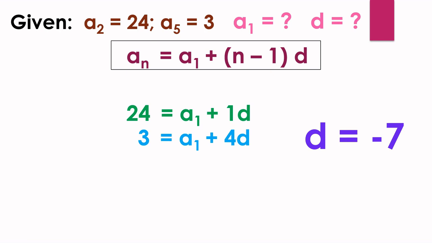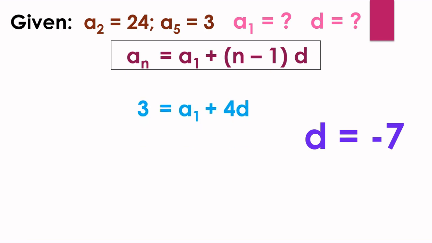This time, we are going to solve for the value of a sub 1, or the first term. All you have to do is to substitute the value of d to any of these two equations. So let us use 3 equals a sub 1 plus 4d. So we substitute negative 7 to d.